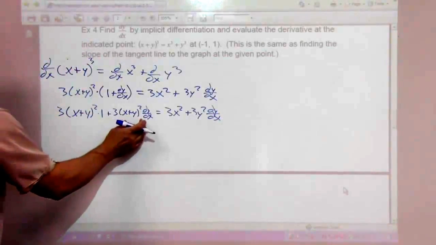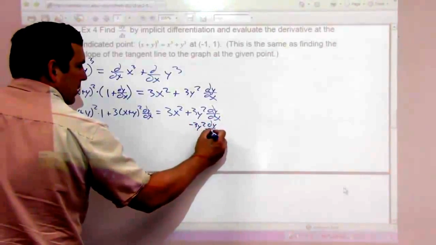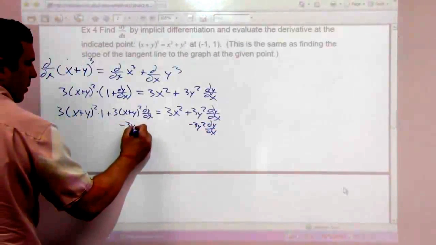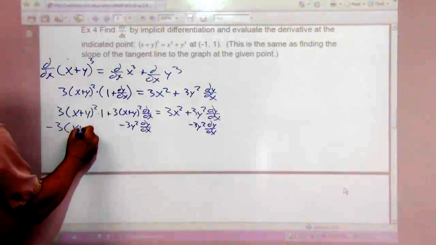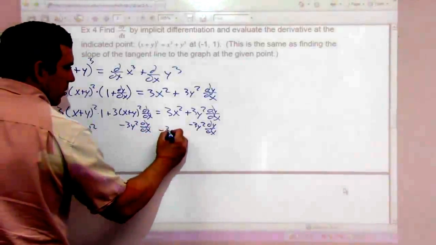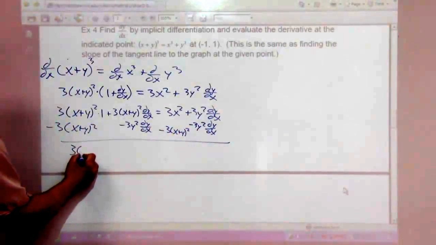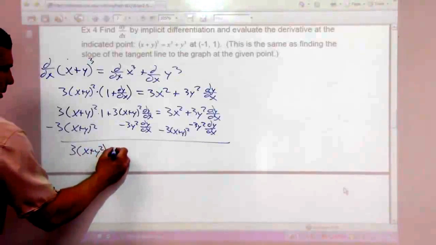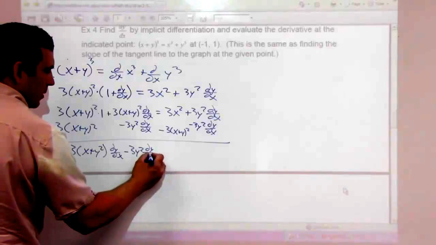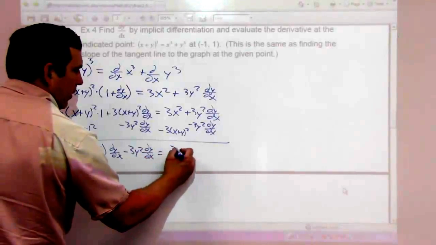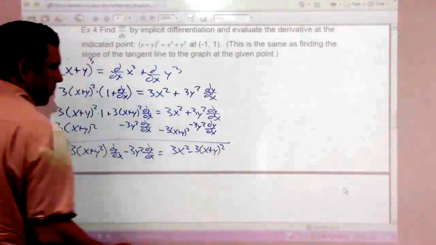So if I want my dy/dx terms on the left side, I'll subtract 3y^2 dy/dx and then subtract 3 times the quantity (x + y)^2. So we have 3 times the quantity (x + y)^2 dy/dx minus 3y^2 dy/dx equals 3x^2 minus 3 times the quantity (x + y)^2.